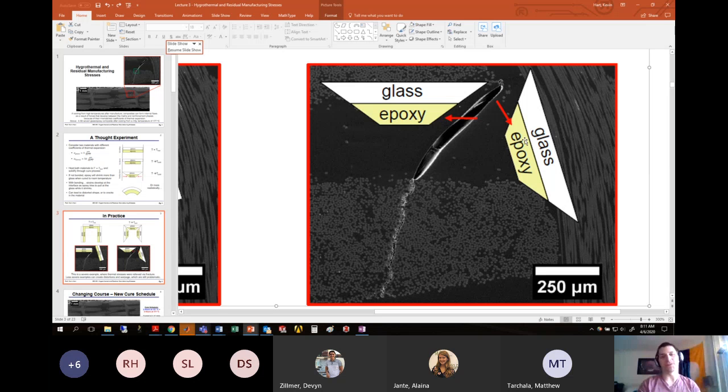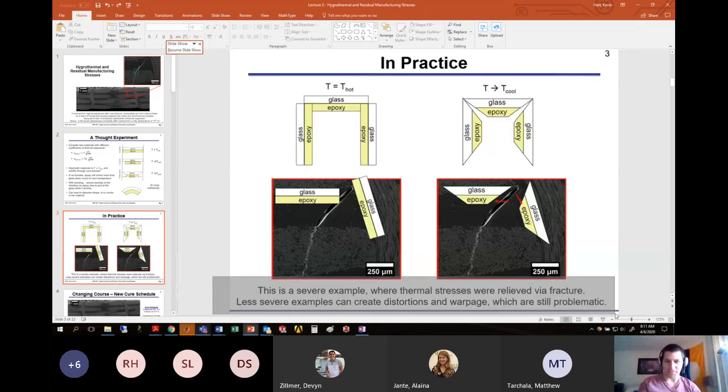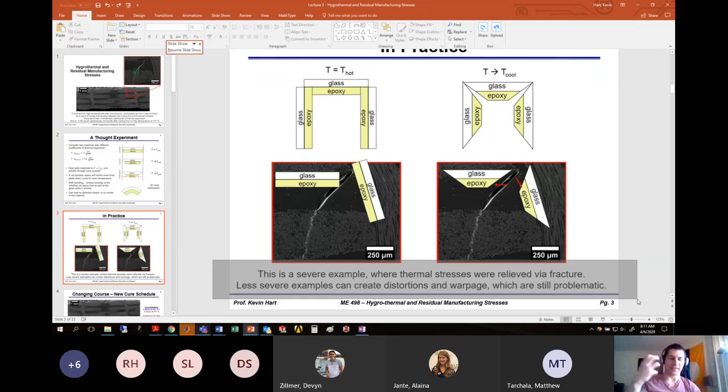So there was some nucleation point in this particular piece, and the stresses caused by this coefficient of thermal expansion mismatch that pulled this material apart were so great that it actually created a fracture, right? That's because you've got all this internal strain between these two components that leads to this really stressed condition where we're trying to force this material apart. Okay, so this is a generally severe example where the thermal stresses that were developed were relieved via this fracture.